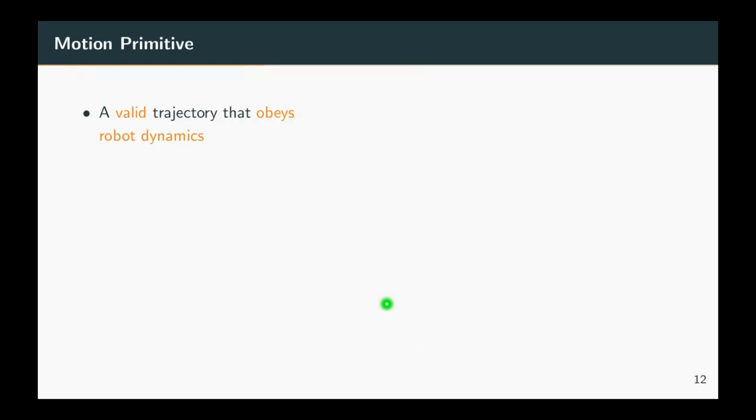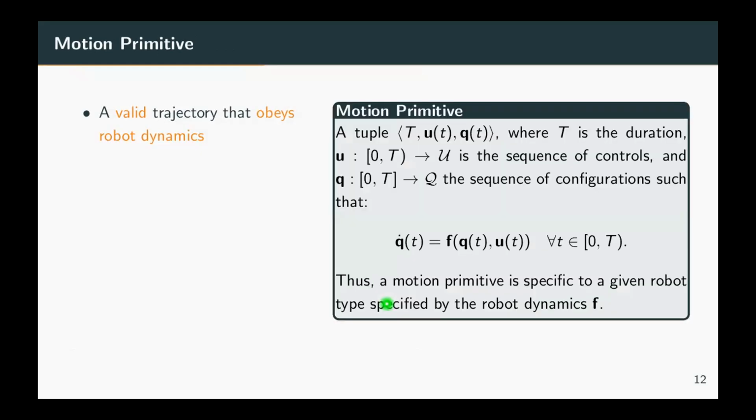So intuitively, a motion primitive is just a short, valid trajectory that obeys robot dynamics. You might have heard this before, and it actually turns out that it's very similar to what we did in the very first section. So formally, a motion primitive is a tuple of 3 entries. The first one is the duration.